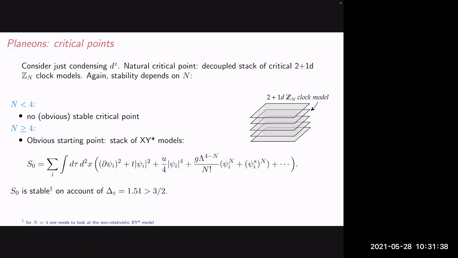And a happy fact is that the most relevant deformation to this critical point is energy coupling between layers. And a happy fact is that the scaling dimension of the energy operator in this CFT is very slightly bigger than 3/2, which means that the deformations to this fixed point are very, very slightly irrelevant, and you get a stable critical phase, a stable critical point.